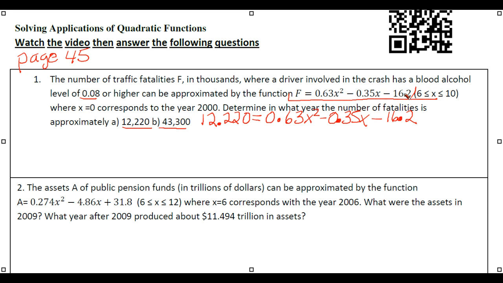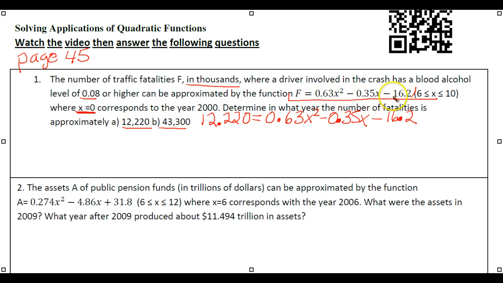Ends right there. So for letter A, we're putting this as our y value, and we want to determine what our x will be. So this formula corresponds to drivers in the thousands.